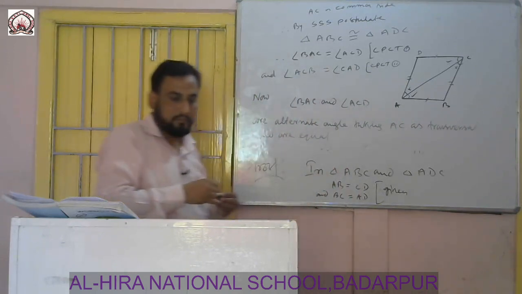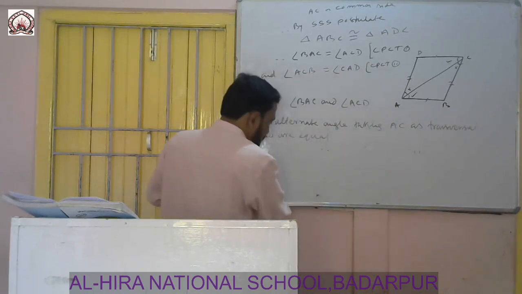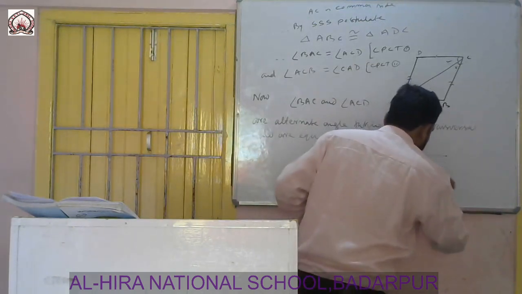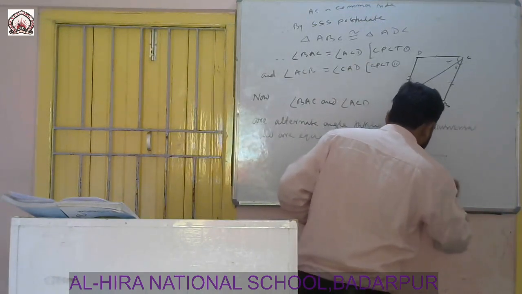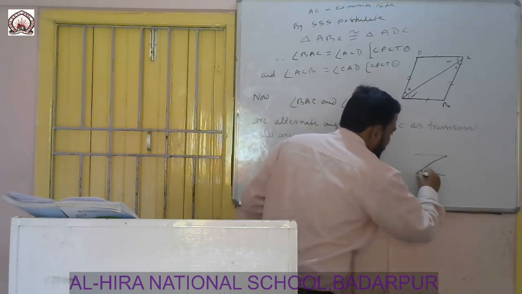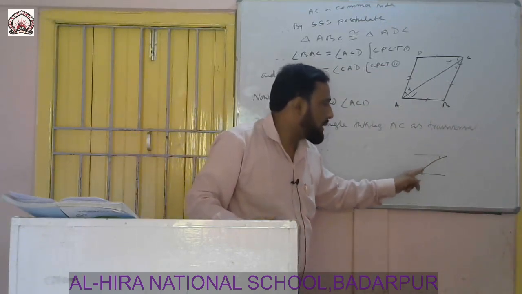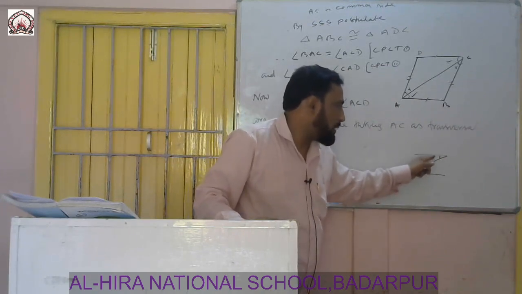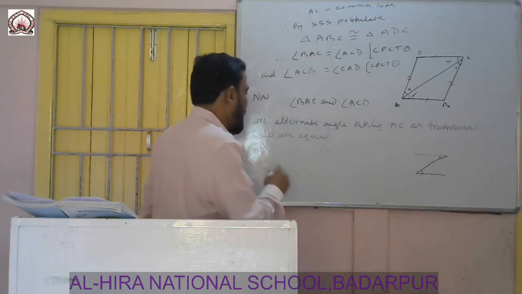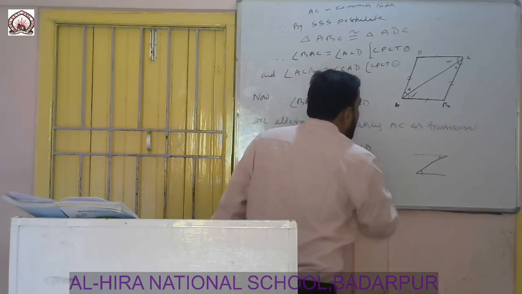Therefore, just give a look: there are two sides and one transversal, and this pair of alternate angles is equal. If one pair of alternate angles is equal, then the lines are parallel. Therefore, AB is parallel to CD.